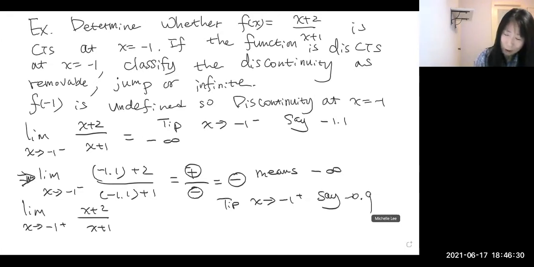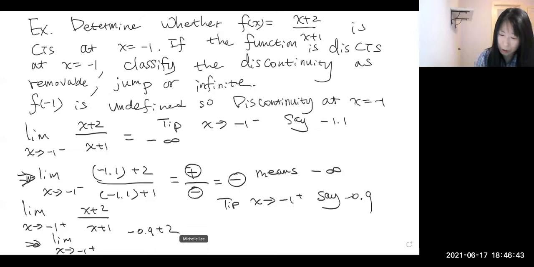Then the limit as x approaches -1 from the right, (-0.9 + 2)/(-0.9 + 1), just to do sign. We don't have to calculate exactly.